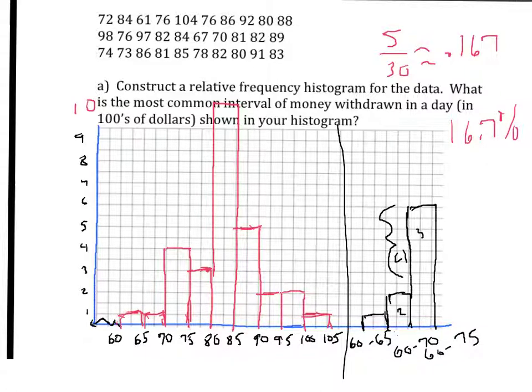And that would show me how many actually got added into that new interval. So you can find the difference between those bars to find out what's added into the new interval, but always make sure that you're starting with the beginning number on the intervals and going to the next ending value so that you can accumulate the data, because that's the whole purpose of the cumulative frequency histogram.